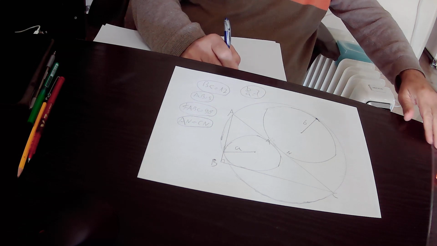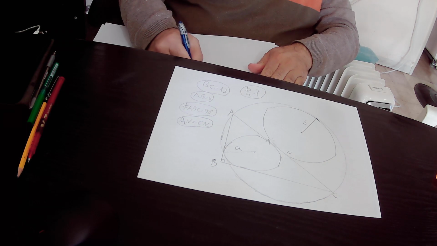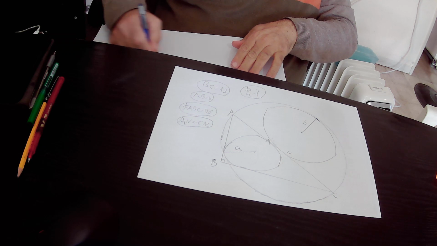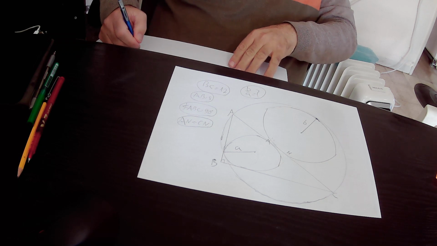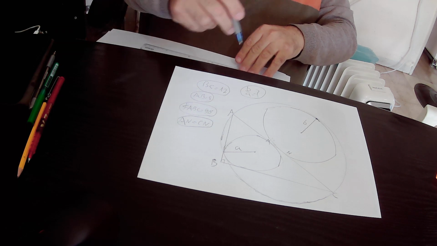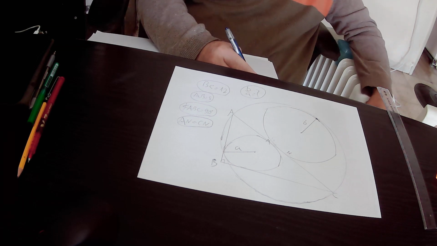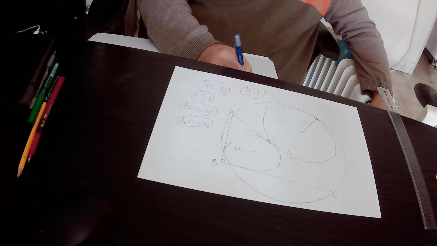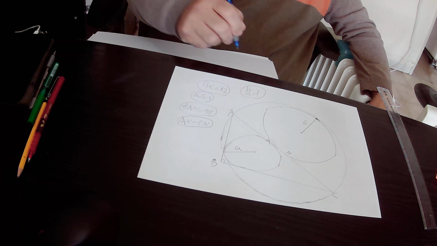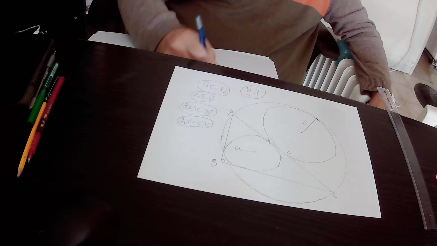According to the Pythagoras theorem, in any right triangle, the square of the hypotenuse equals the sum of the squares of the perpendiculars. The hypotenuse of the right triangle ABC is AC, therefore the square of the hypotenuse is AC square, and must be equal to AB square plus BC square.